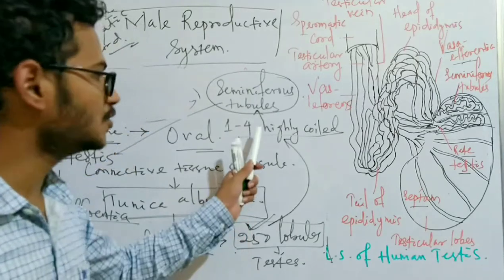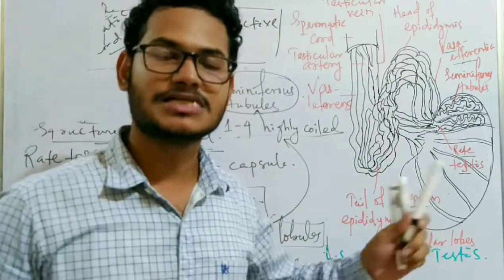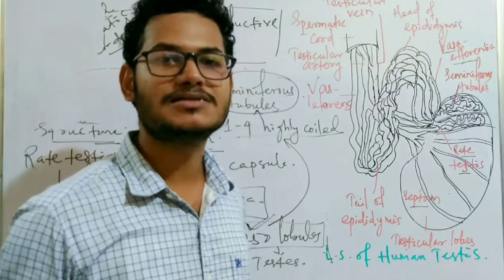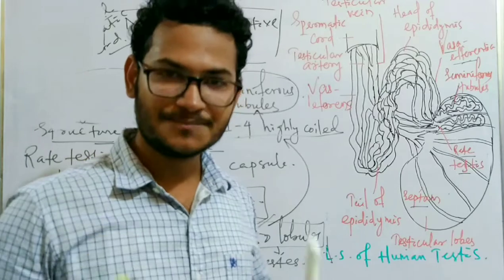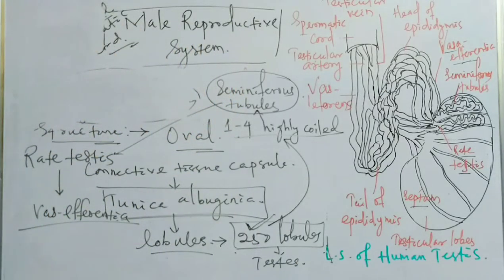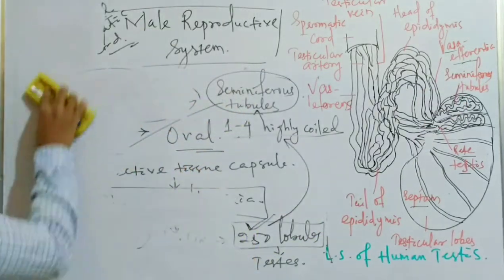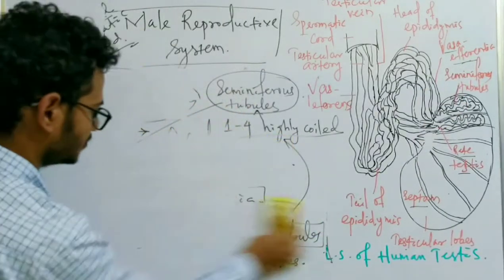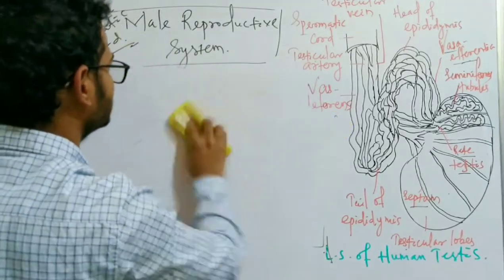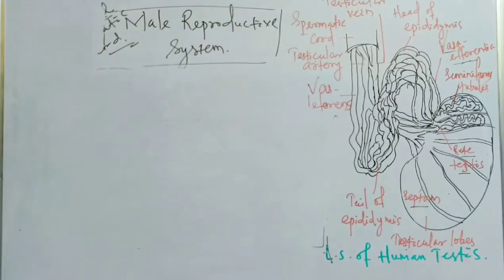Each lobule carries 1 to 4 highly coiled seminiferous tubules, which unite to form a single tubular structure, the rete testis. Then the rete testis unites to form the vasa efferentia. Okay, so now let's discuss the interstitial cells present in the testis, which we call the Leydig cells.